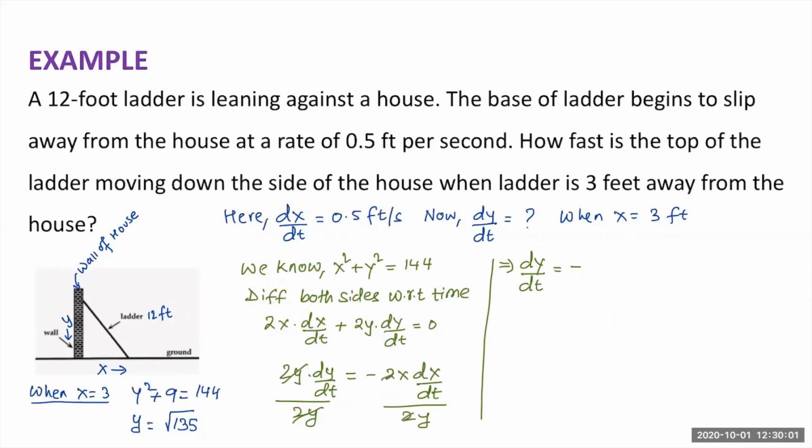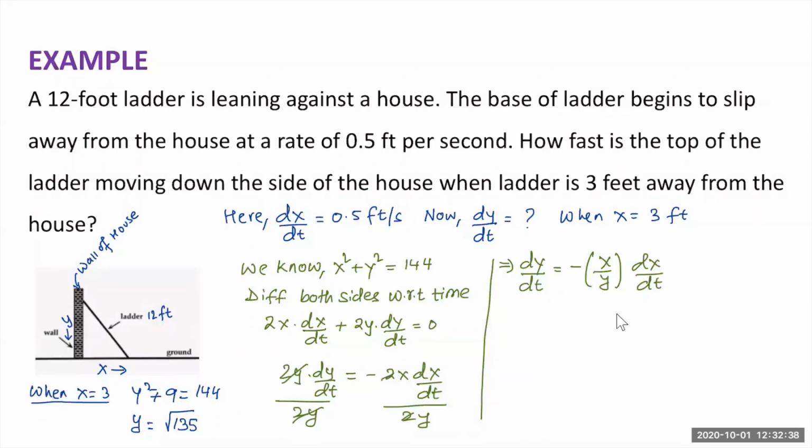There is a negative, and then you have x over y, this x divided by y, and also I have dx over dt. So this is the formula to find change in y with respect to time for the condition given here.